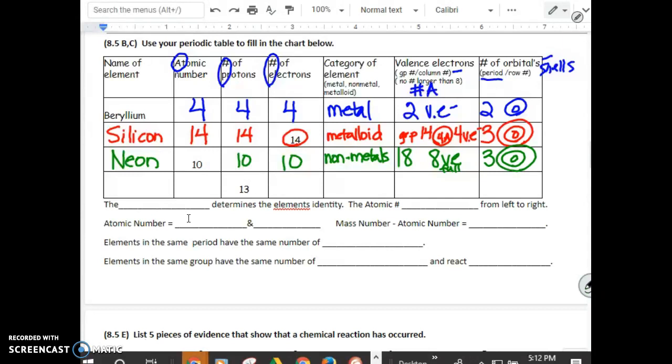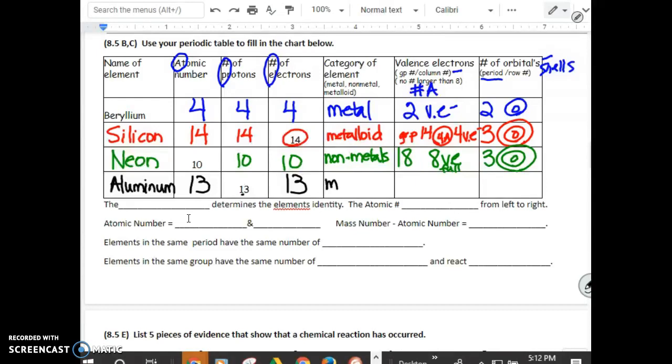And lastly, I have number 13, so I have 13 is my atomic number, 13 electrons as well. And number 13 is aluminum or aluminium. Aluminum, this is right below the stair step, but this is the only one that is not considered a metalloid that is on the stair step.